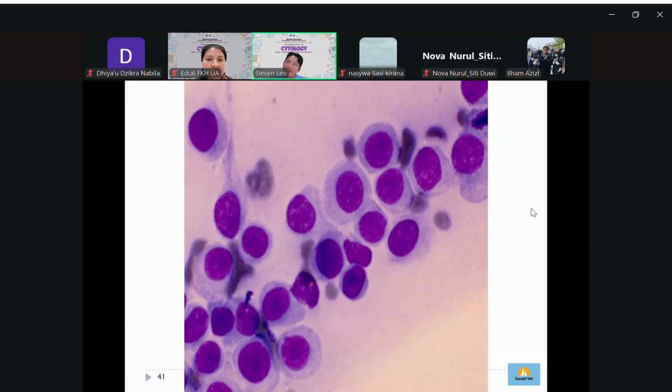Is there any granules or vacuole? No, there is no. Okay, there are no granules and vacuoles, so I'm going to delete the mast cell and I'm going to delete the TVT. So it's only histiocytoma, plasmacytoma, and lymphoma.